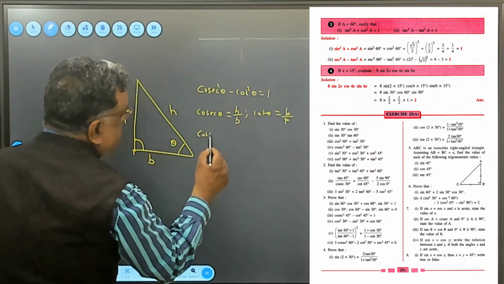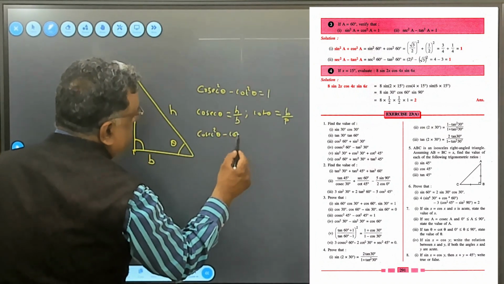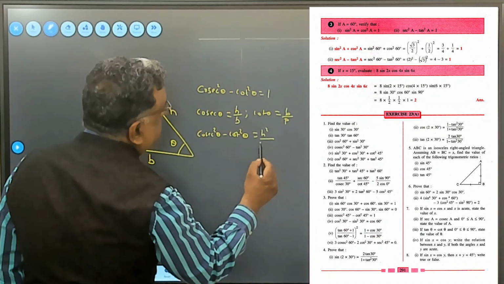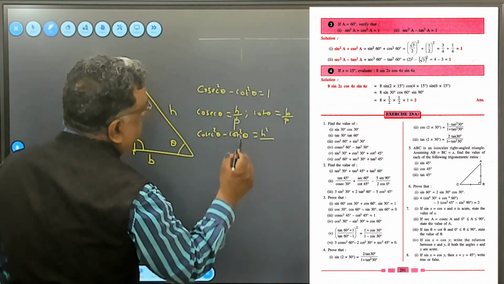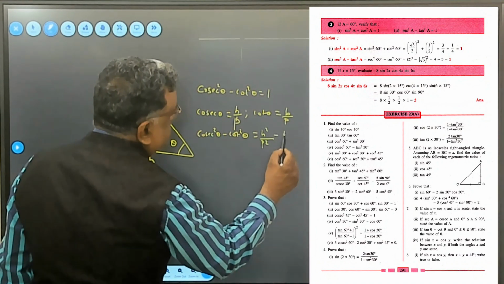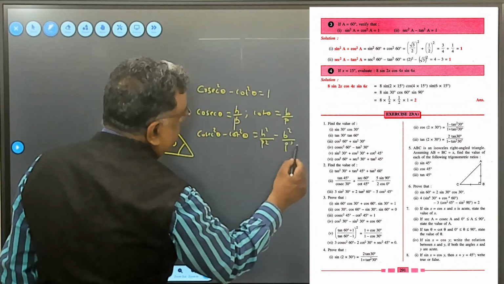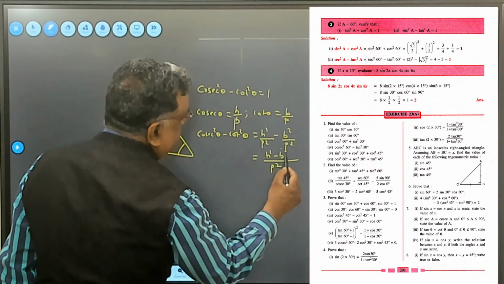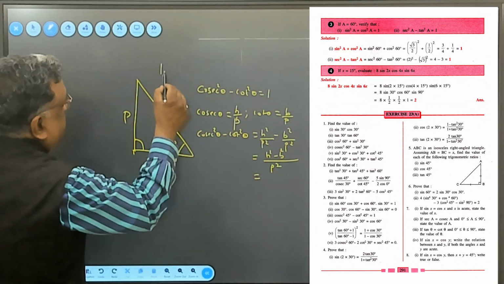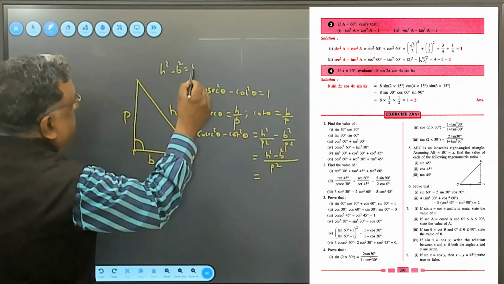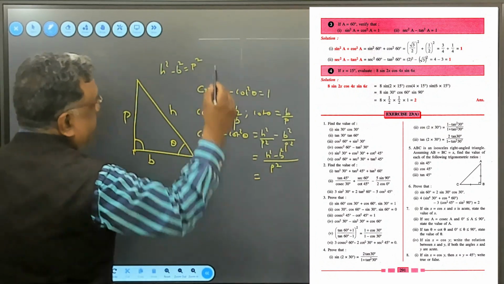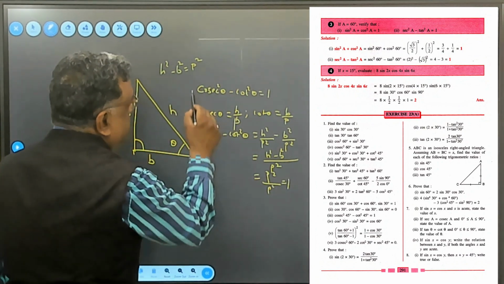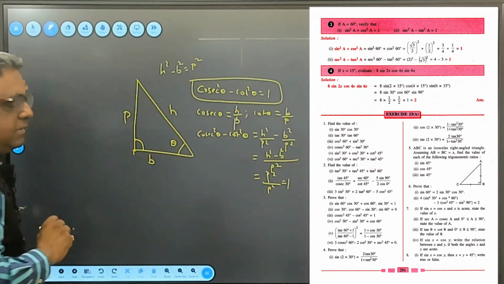So what will be cosec square theta minus cot square theta? It will be h square upon p square minus b square upon p square. P square in denominator is common, h square minus b square. H square minus b square by Pythagoras theorem is always p square. So this will be p square upon p square is 1. That's why cosec square theta minus cot square theta is always 1.